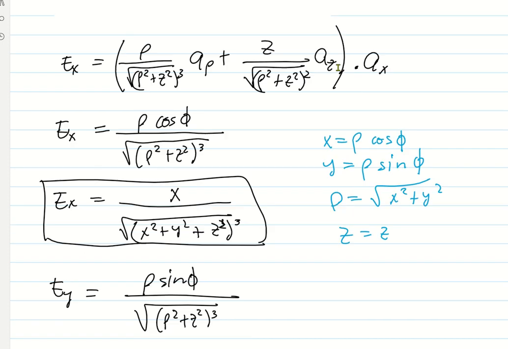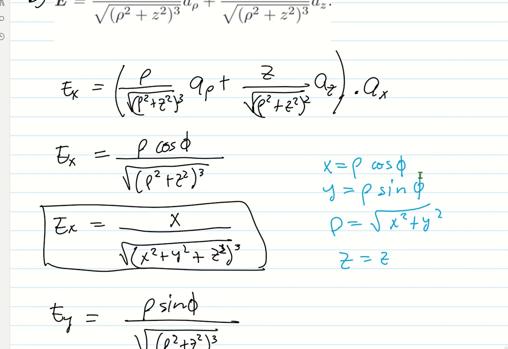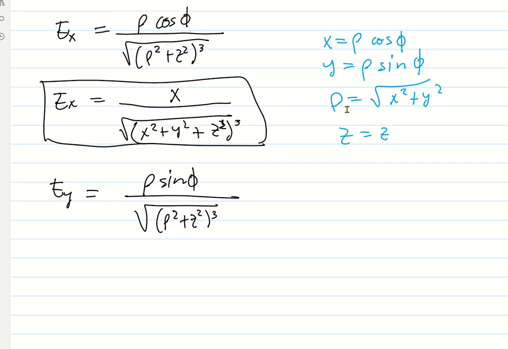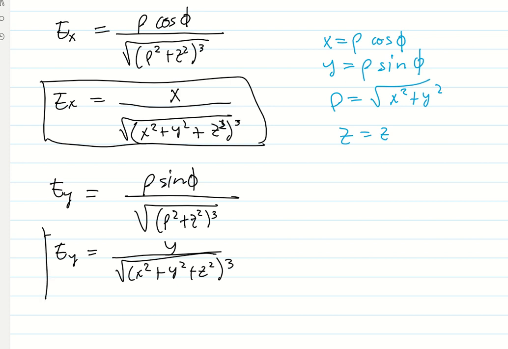And for the next term, it's az dot ay. Again, that's perpendicular, so that product will be equal to 0. Then we can substitute our formula: rho sine phi is just equal to y. And the denominator is the same, the square root of x squared plus y squared plus z squared raised to 3. So this is our EY.